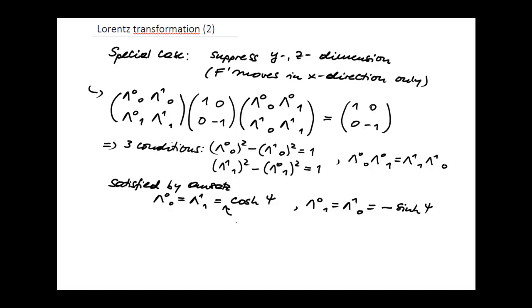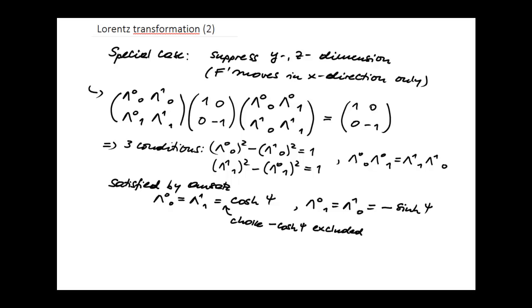However, the choice minus hyperbolic cosine we exclude because we want our set of Lorentz transformations to include as a special case the unit transformation, where we don't change anything. We stay in the same reference frame. So the transformation matrix lambda is the unit matrix.